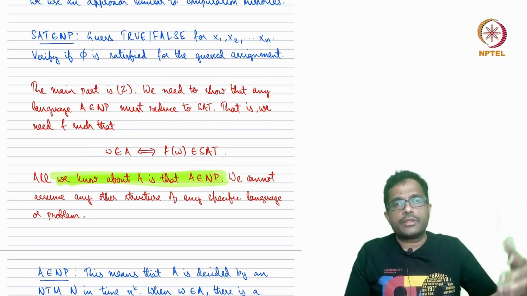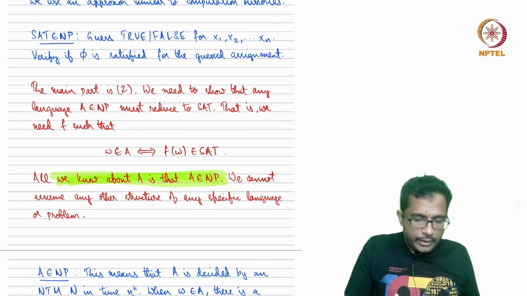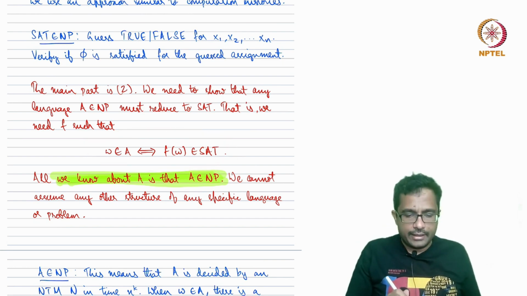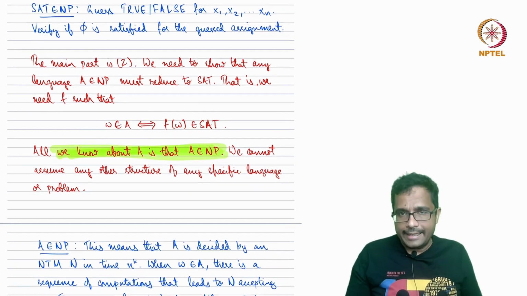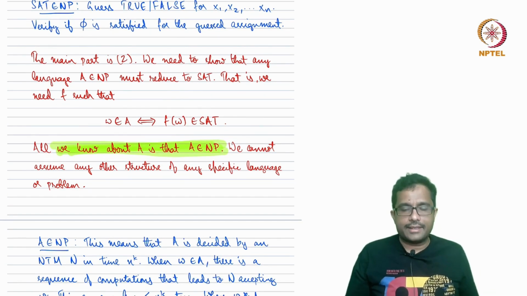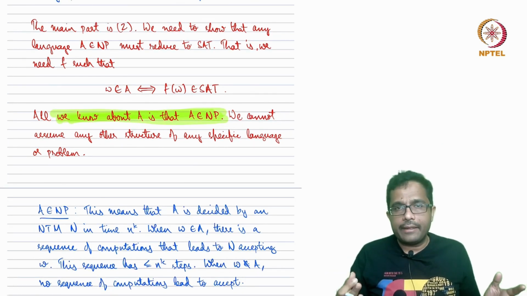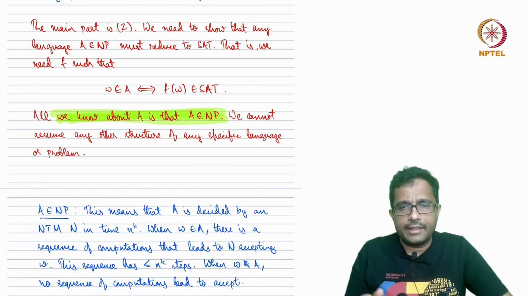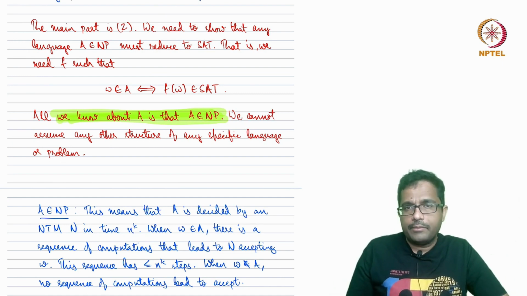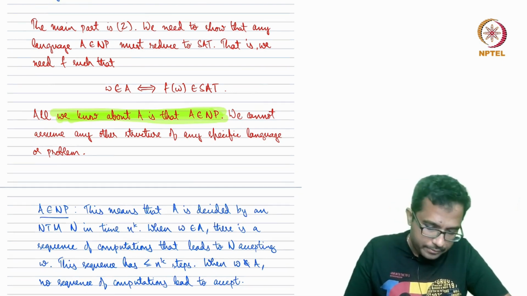So we have to somehow build a Boolean formula from w so as to get this relation. That is the challenge, and that's why this is an important result. So let us try to see what we have. The only thing that we have is that A is in NP. So what does it mean? Let's try to understand this, because this is pretty much the only thing that we have, and we have to work with this.